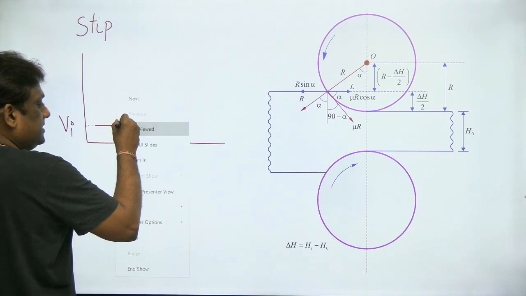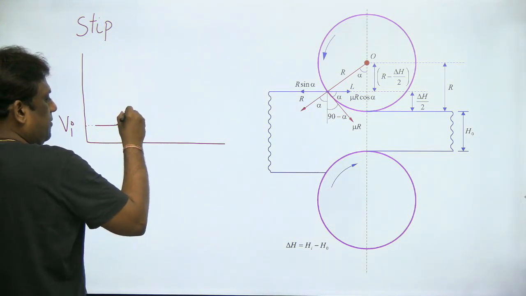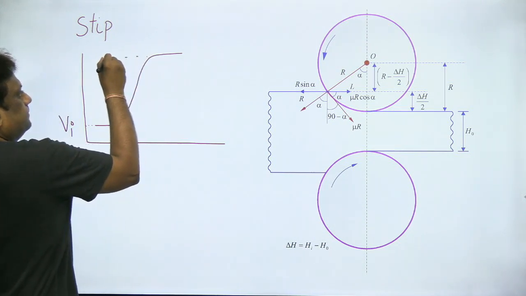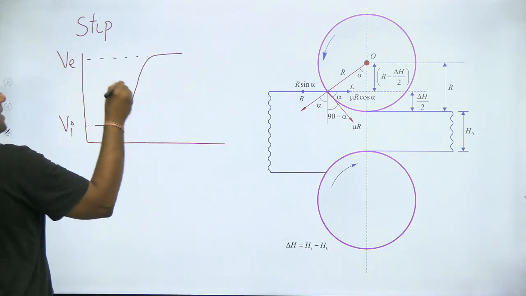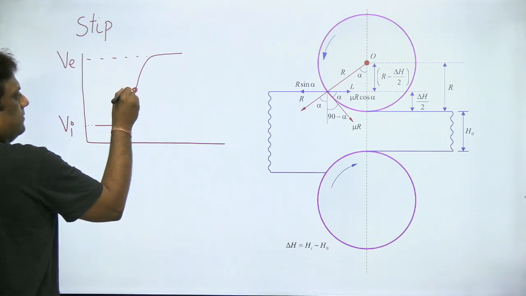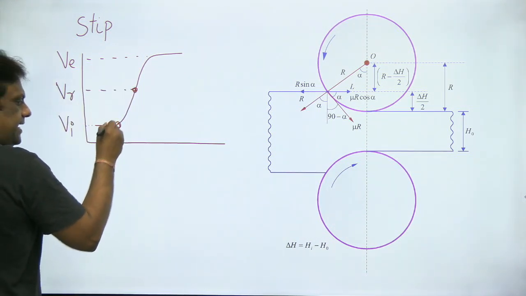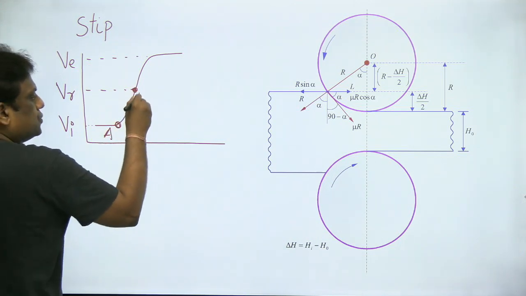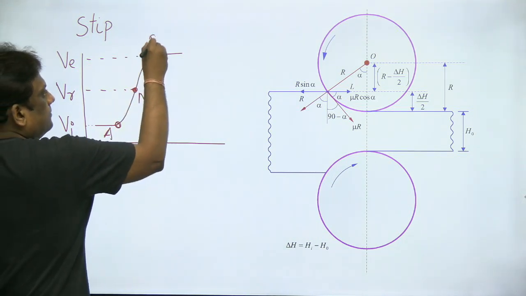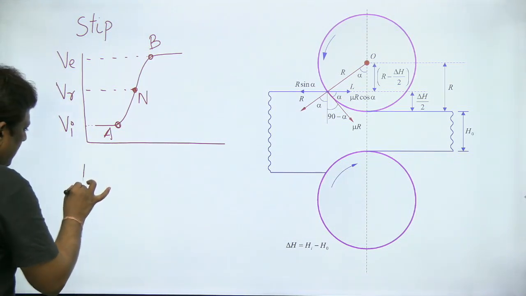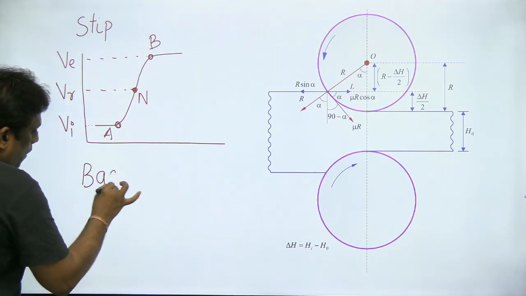Please note down, this is the velocity of our component which is continuously increasing, and this is the exit. Excellent. And somewhere at the neutral point, let this be the roller velocity. Entry is at A, neutral point, and exit is at B. Excellent. There is one term known as backward slip.